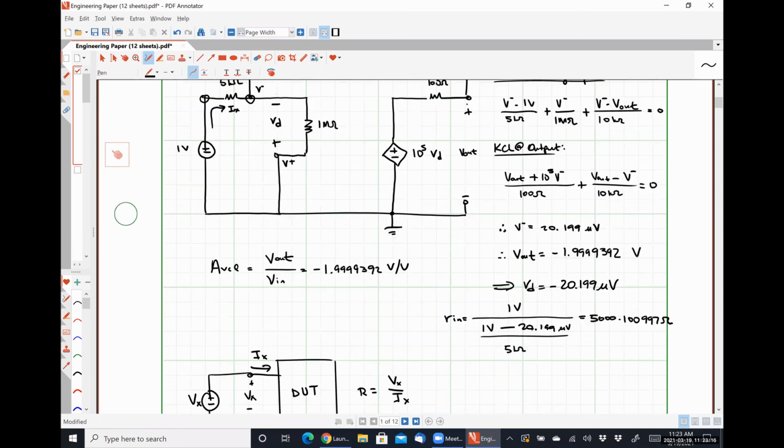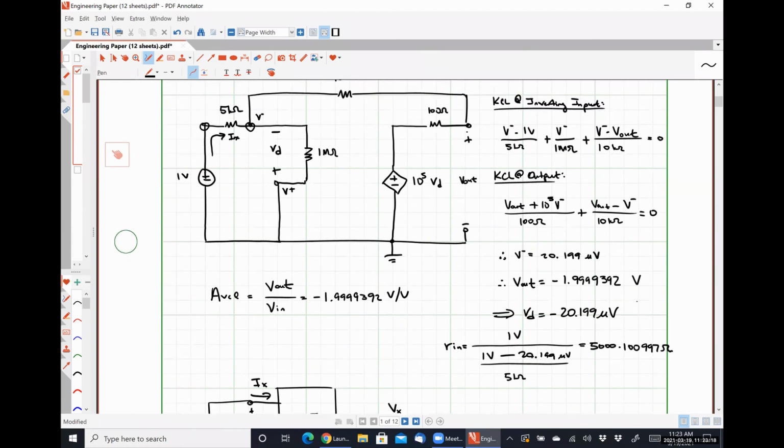All right, for our output resistance, this is where things are going to get a little bit more difficult, okay? How many of you guys remember Thevenin's theorem? Thevenin's theorem says that I can find the equivalent resistance of any 2-port linear network if I can find the open circuit voltage and the short circuit current, and then the ratio of those two is the resistance.